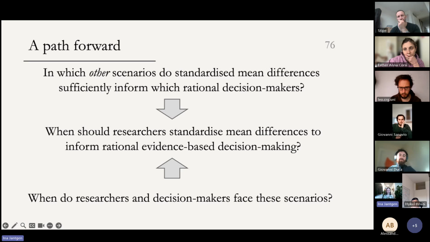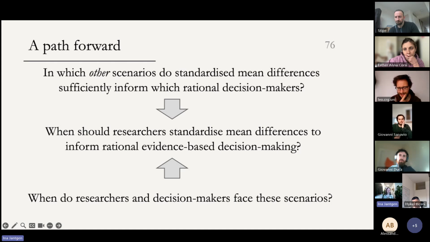Okay, and then overall, I think this would give us an answer as to when researchers should standardize mean differences to inform rational decision-making. And the answer, as is hopefully already clear, will be a quite nuanced one, which says standardizing is sometimes fine, but not always. And this deviates quite a bit from contemporary debates on standardizing mean differences that I didn't have time to speak about today.